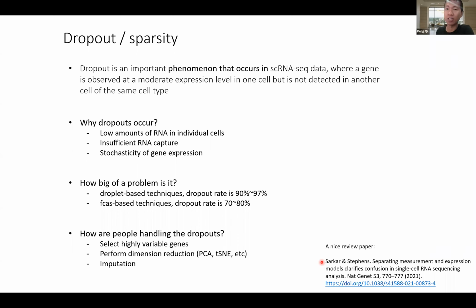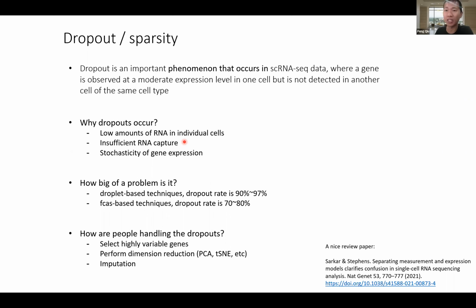And the third definition of dropout that people use is that dropout is a phenomenon that affects all the values we see, the zeros and also the non-zeros, because of insufficient RNA capture. So for example, in our data matrix, we see a non-zero, say gene A in cell number 5, where the count is 10. That's what we see from the data. But because of insufficient RNA capture, maybe there are more than 10 mRNA molecules for gene A in cell number 5.